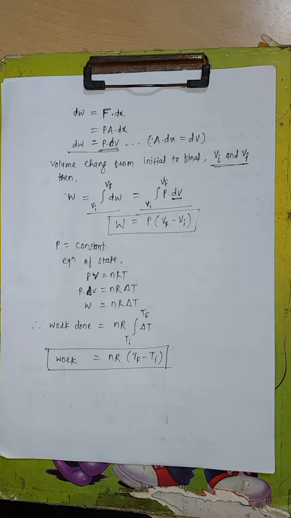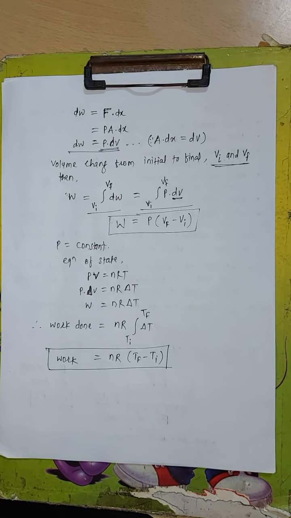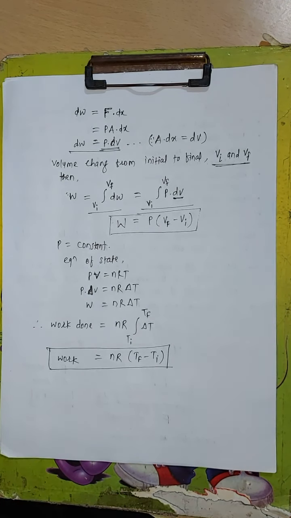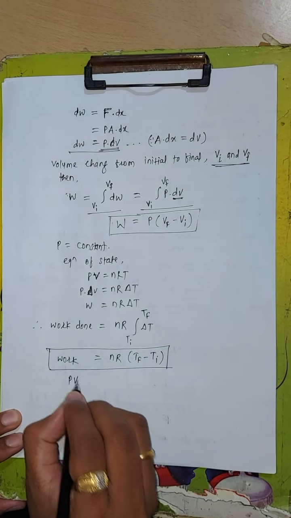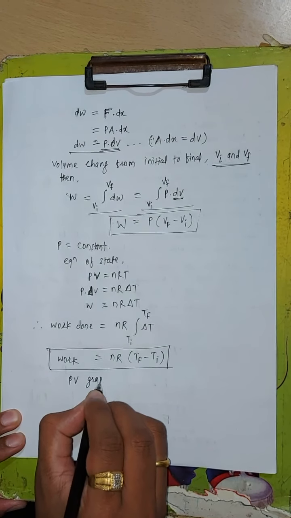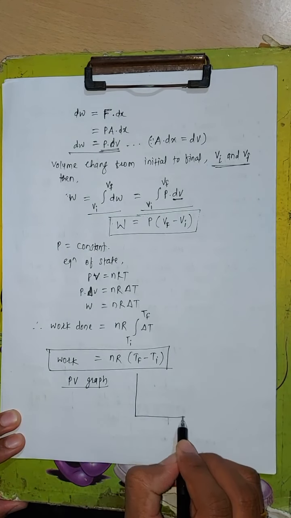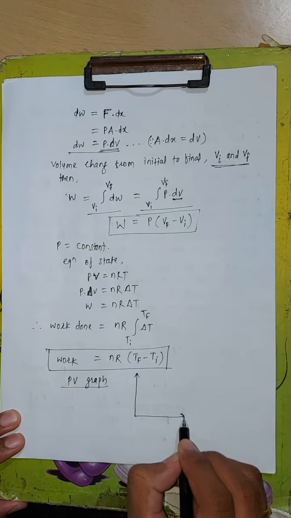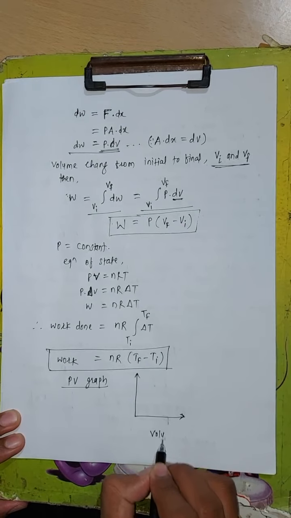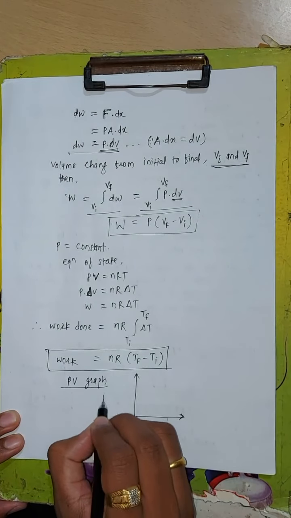So when there is variation of pressure with volume, if we consider that variation, then that particular term is known as area, which will be bounded by the PV graph. So first of all, we will take the PV graph. What is a PV graph? If we draw x and y axes, here we can take volume and here we can take pressure.